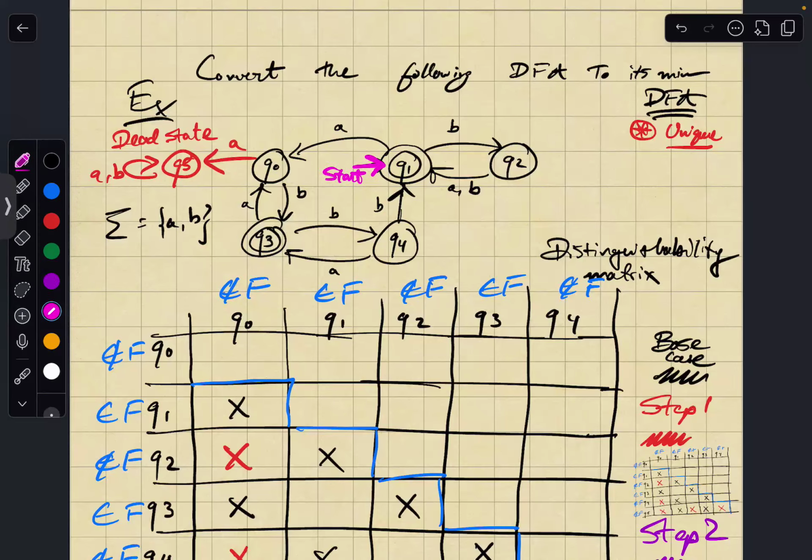Say we have two dead states for some reason, and we say that they're indistinguishable, but we could take one of them away and minimize more. This is a good question.